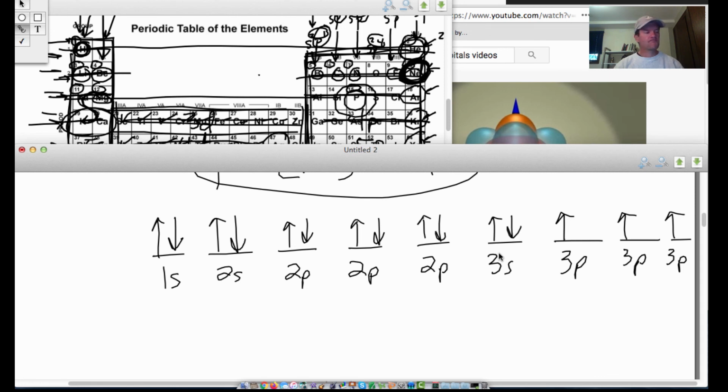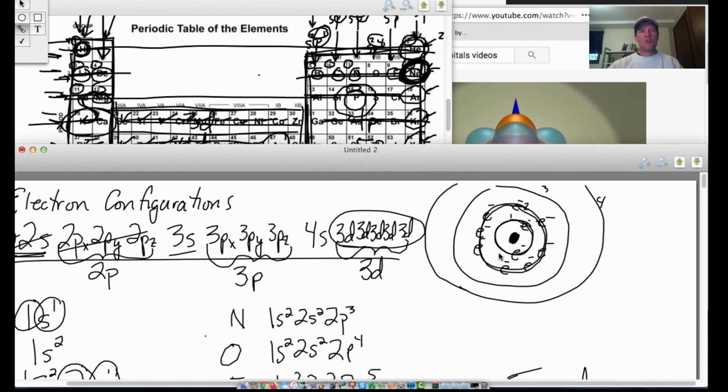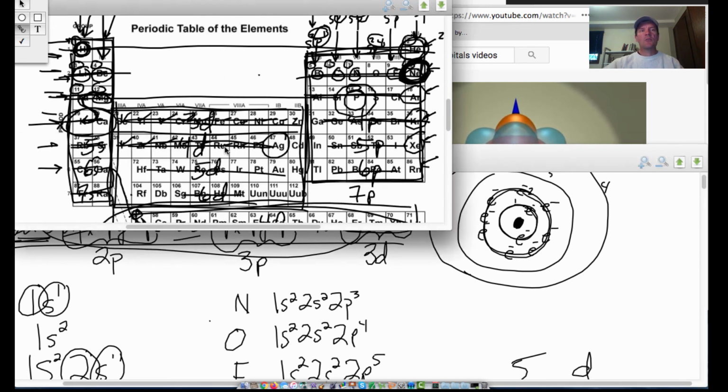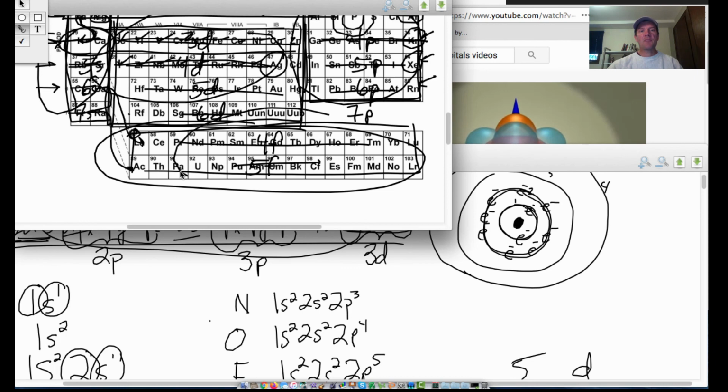Okay? All right. Hopefully this is helpful. You need to be able to recognize the orbitals. You need to know these different orbitals, S, P, D, F. You need to know how many of each there are at the different energy levels. You need to know how they correspond to the periodic table, that we've got the S block, the P block, the D block, and the F block.